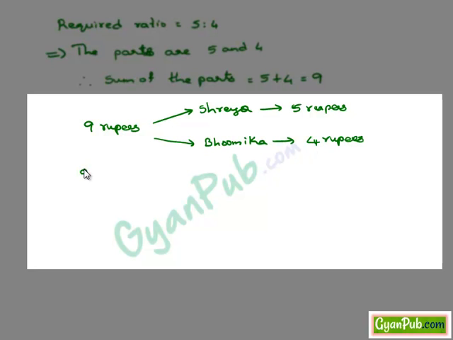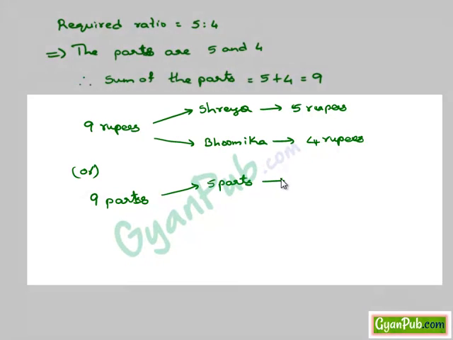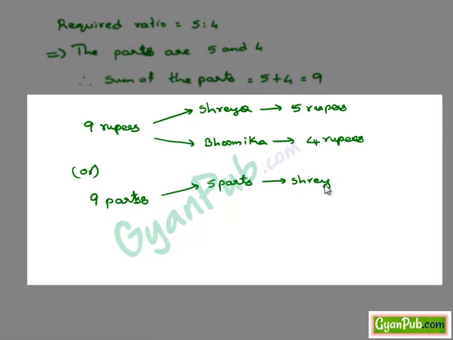Or otherwise, we can say out of every 9 parts, 5 parts are for Shreya and 4 parts are for Bhoomika.